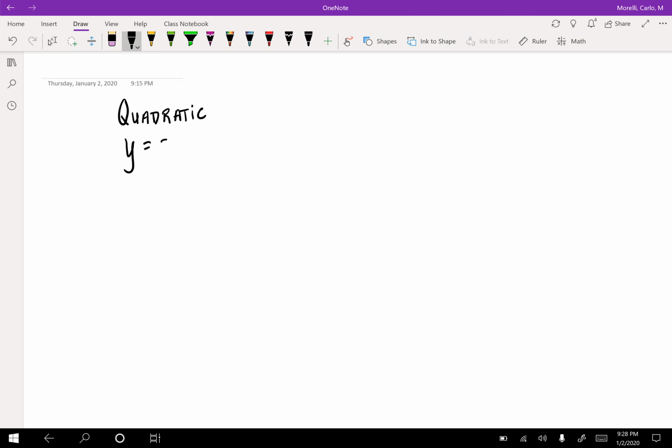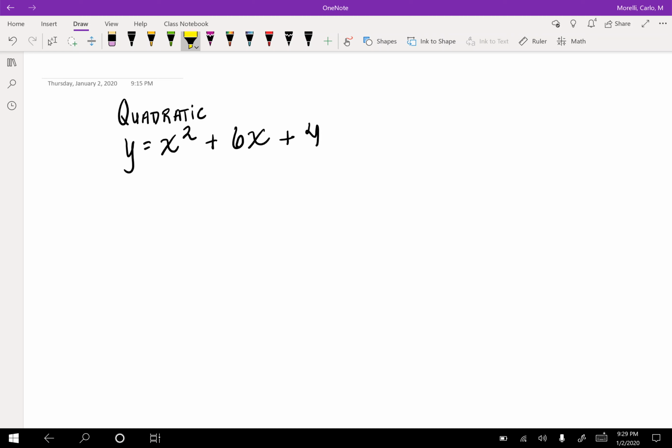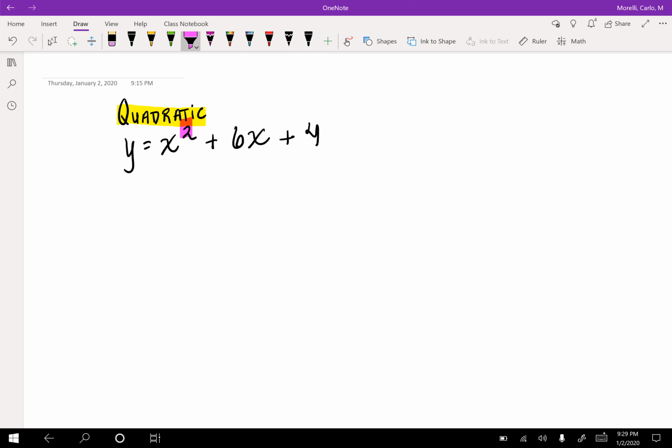Y equals x squared plus 6x plus 4. Okay? Now, the reason it's called quadratic is because it has this squared right here.